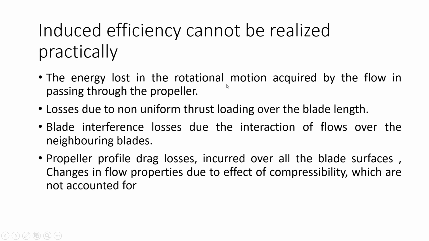So the energy lost in rotational motion acquired by the flow in passing through the propeller is not considered. Losses due to non-uniform thrust loading over the blade length, you don't even consider the blade, so I think that is a major drawback. Blade interference losses due to the interaction of flows over the neighboring blades, again that is not addressed. So I mean the blade interaction between two blades is not addressed.